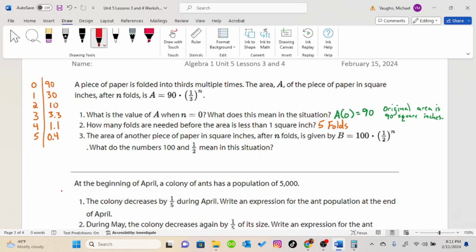In this situation, 100 is the starting area of the paper in square inches.